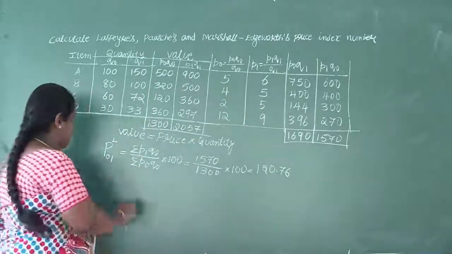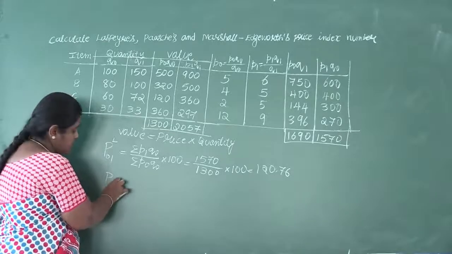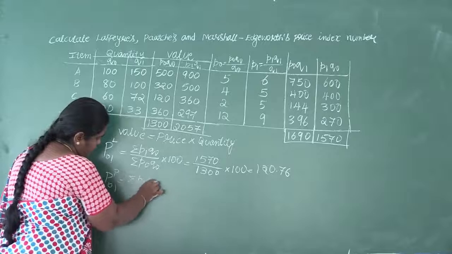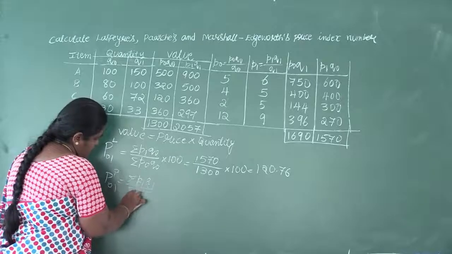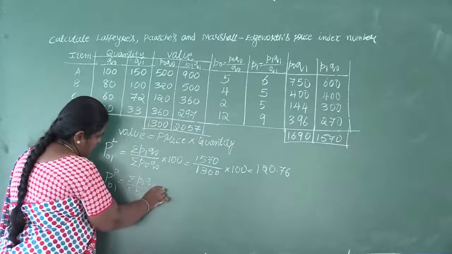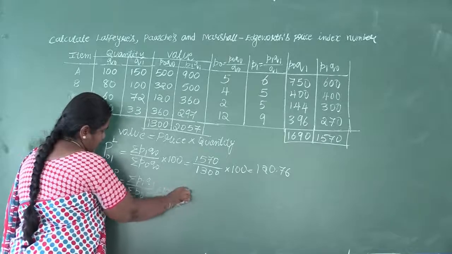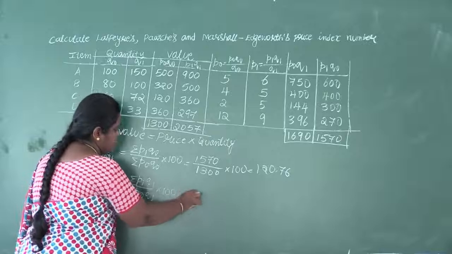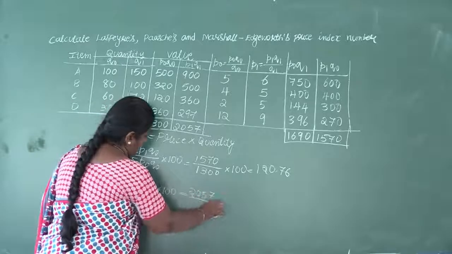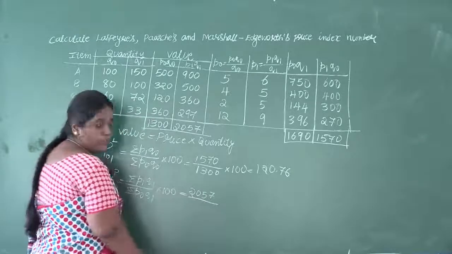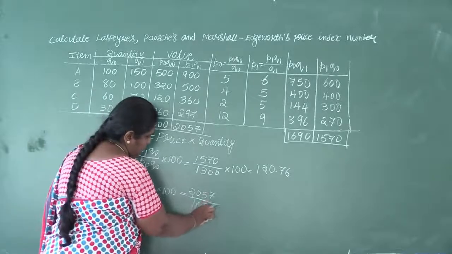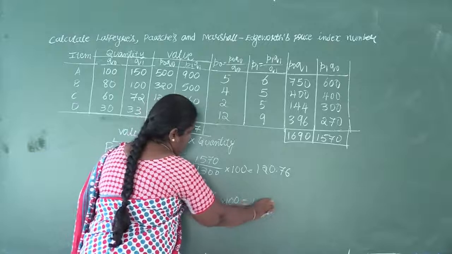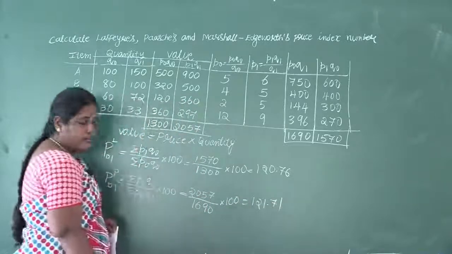Then the second question is the Paasche price index number. So P01P is sigma P1 Q1 divided by sigma P0 Q1 into 100. So P1 Q1 is 2057 and P0 Q1 is 1690 into 100, 121.71.